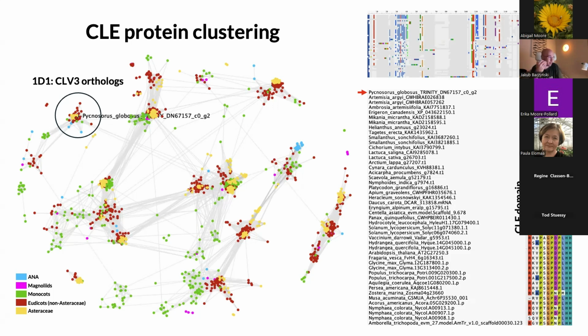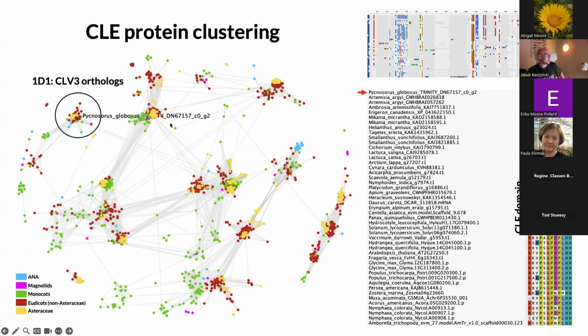So even so, normal blasting usually fails to recover the right gene for downstream analysis. So to take a closer look at them, I performed the clustering based on a pretty large data set of CLE genes from various angiosperms. And happily, I was able to recover this 1D1 cluster which contains clavata-free orthologs.